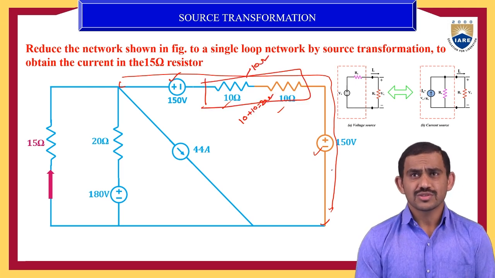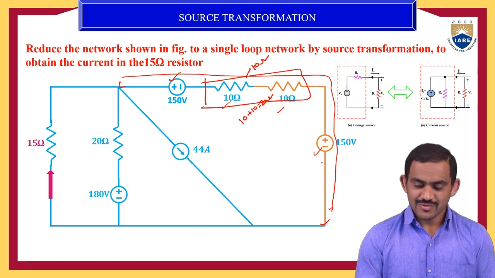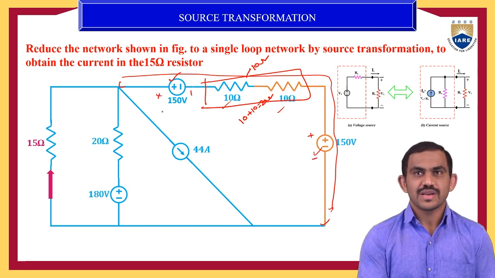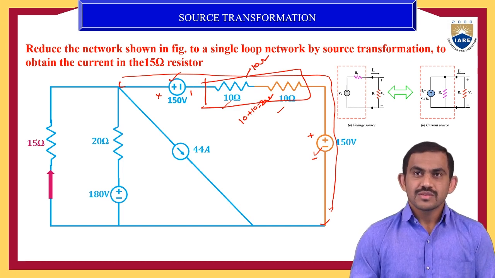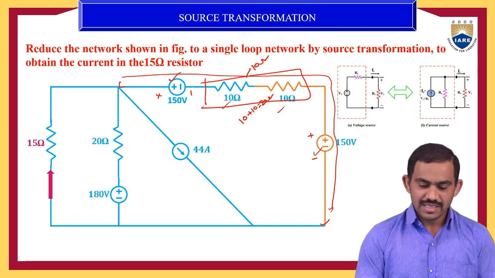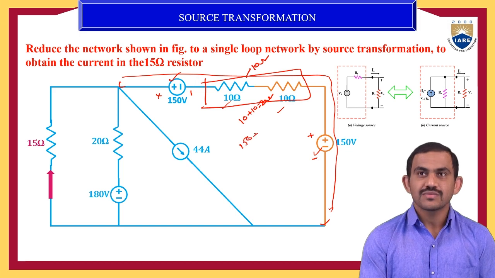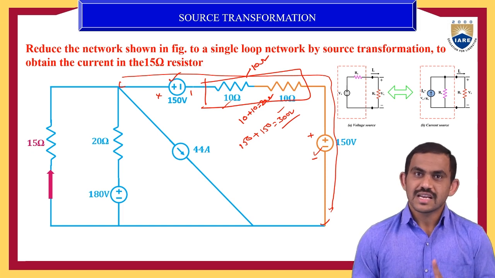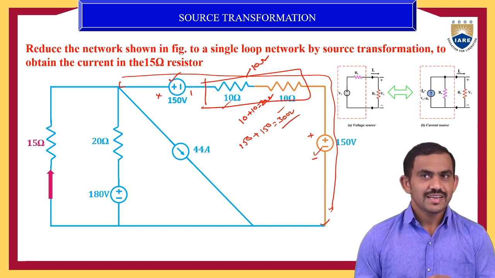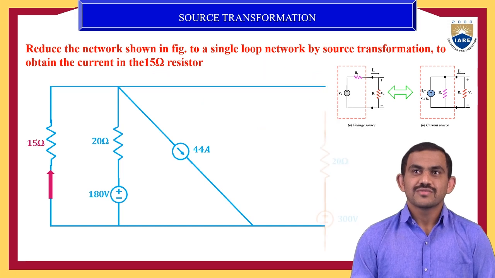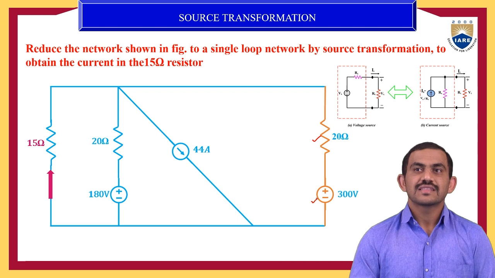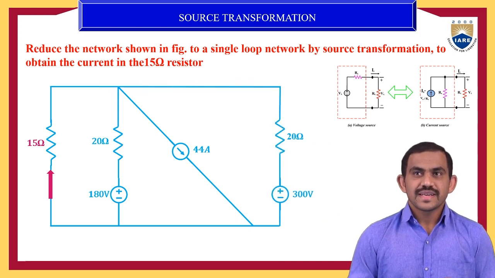The voltage sources are also in series, minus, plus, again minus, plus, any direction. Both voltages are in series, that means 150 plus 150, you will get 300 volts. Your two voltage sources and two resistors are converted to one voltage source and one resistor: 20 ohms and 300 volts. This is my main circuit now.